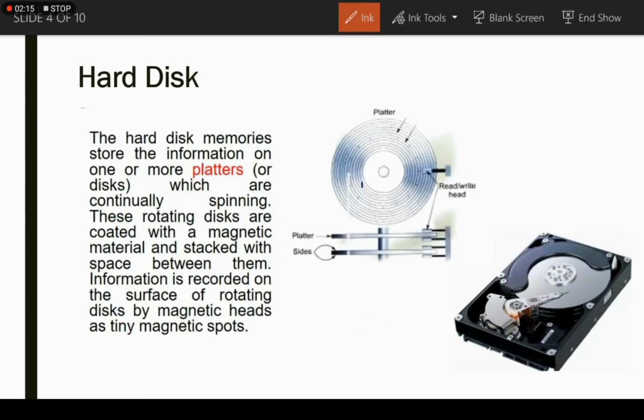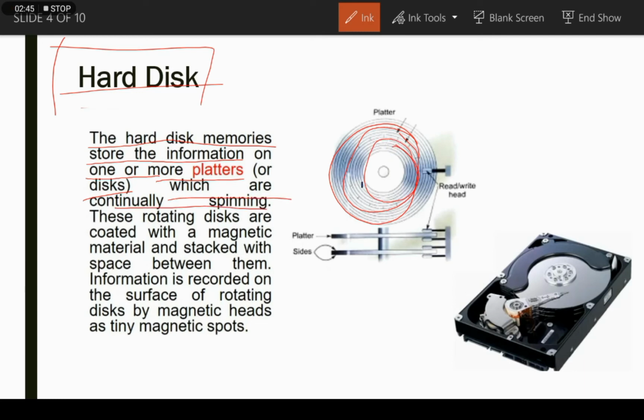The second one is hard disk. It is the most important disk in our computer system. The hard disk stores the information on one or more platters or disks. As you can see in this image, this circular device is called a platter, which keeps spinning.